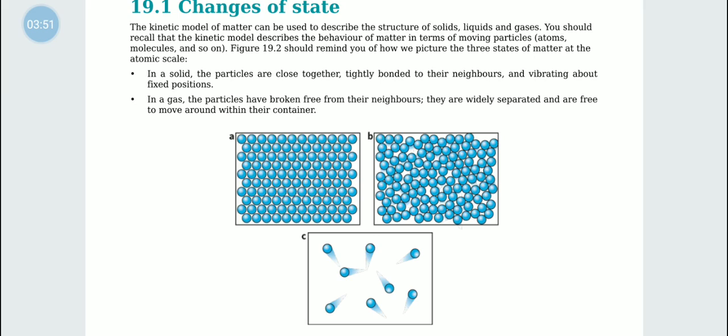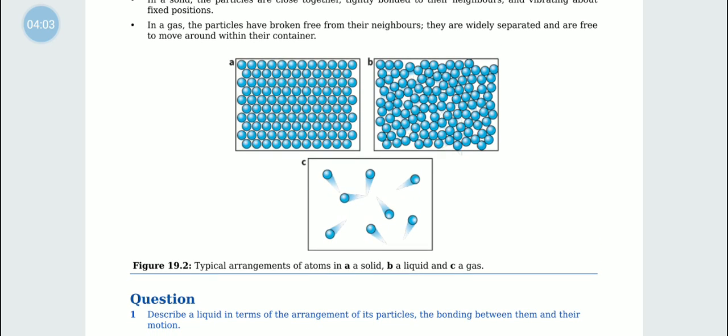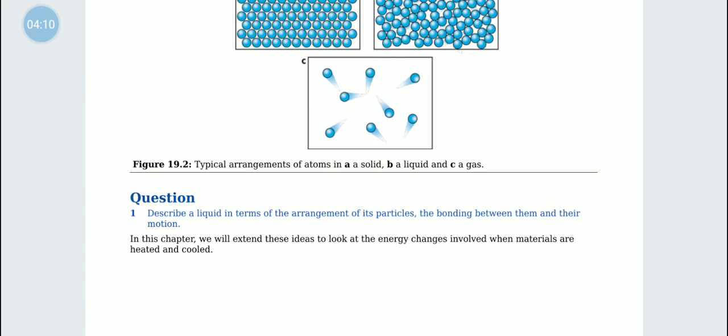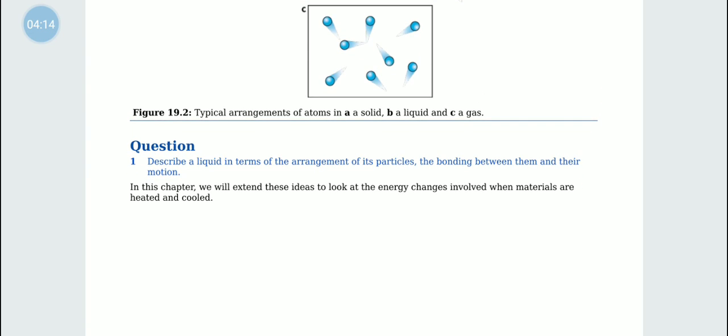But in a gas, they are broken free from their neighbors, so they are widely separated and are free to move around within the container. But in a liquid, it is not actually free to move around its container, but in a fixed volume, it is able to move around, and that is something that you know. So you should be able to answer this question.